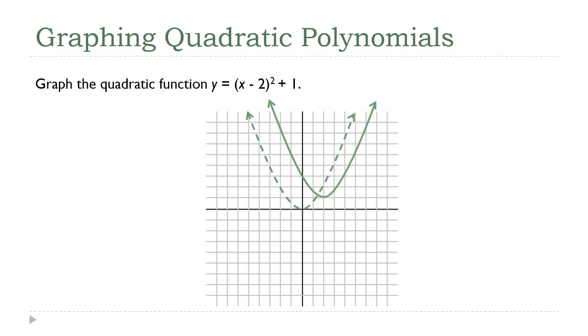Now, here's what I really want you to take away from this. Look at what happened to the vertex. The original vertex was at the origin. It was at 0, 0. And the new vertex is over here at 2, 1. Well, compare that to the transformation numbers.